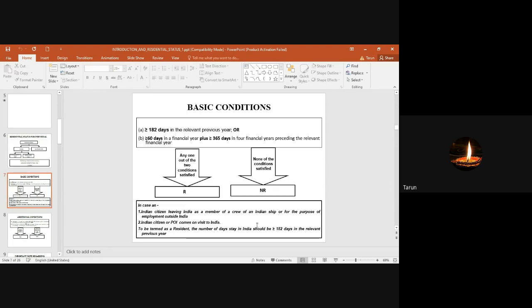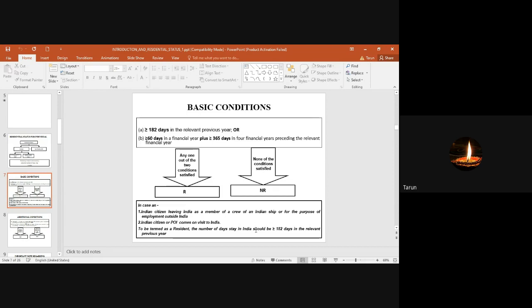So if any of these two conditions comes in your question, it means he or she will become a resident of India. After all, in these 2 points it already shows that he or she is an Indian citizen. So if anyone is an Indian citizen, automatically he becomes a resident of India. And later on, whether this resident is ordinary or non-ordinary, we have to satisfy more conditions, right?